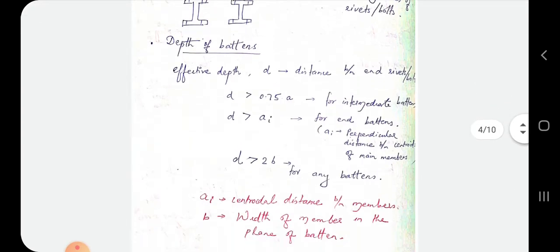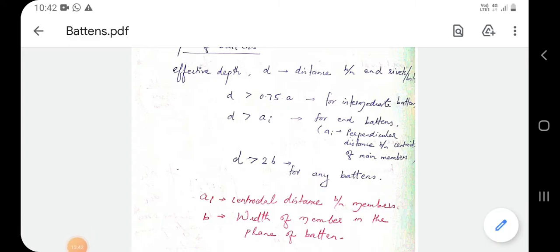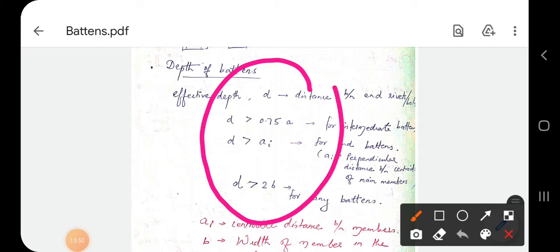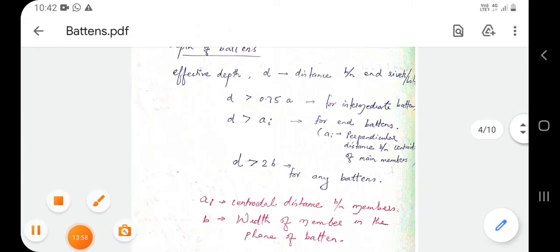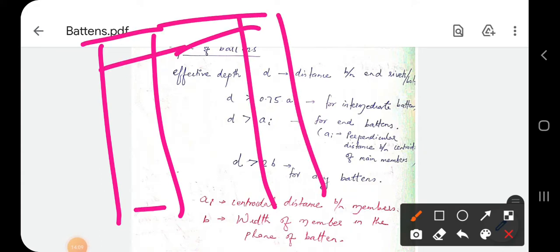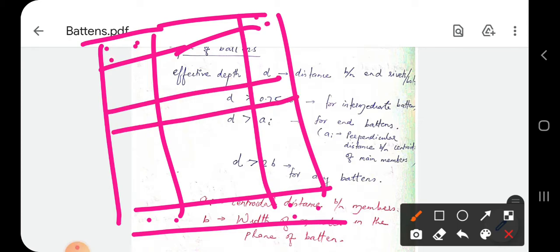And next is to find the depth of the battens. In that same clause you can find the specification for depth also. The depth is given for different cases. It discusses the effective depth of the column, given for end battens and intermediate battens separately. End battens means the battens which are given on the top and bottom of the built-up column, and all the battens coming in between are known as intermediate battens.